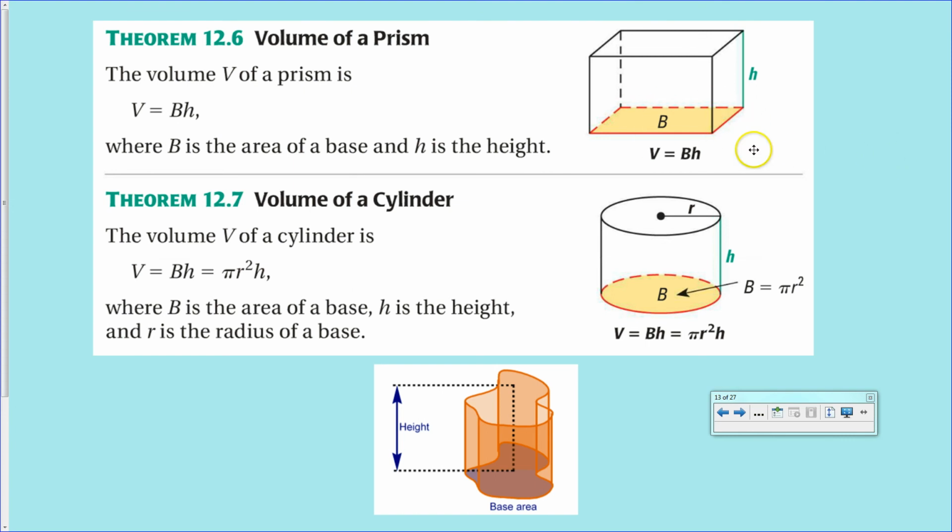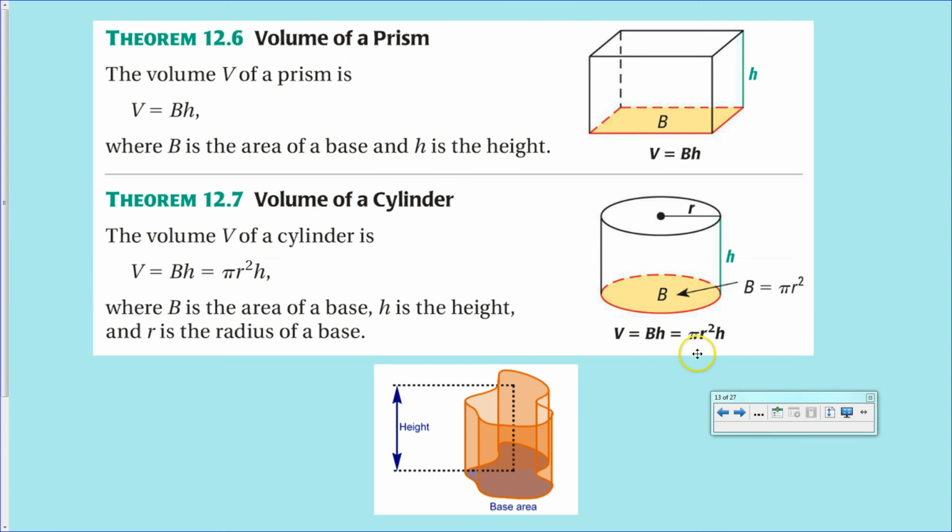So for a rectangular prism, that would be length times width times height. I'm going to use a capital H for the height of the prism, because little h for me is going to stand for the height of a trapezoid or a triangular face of a prism, specifically the base of it. So I'm going to use a capital H whenever I work. The book uses a little h there, but it's the same thing.